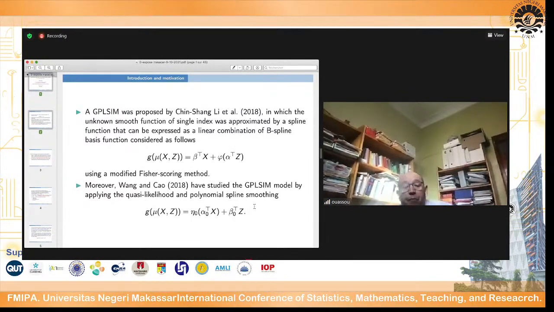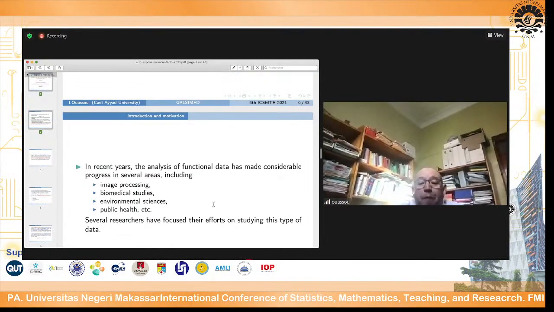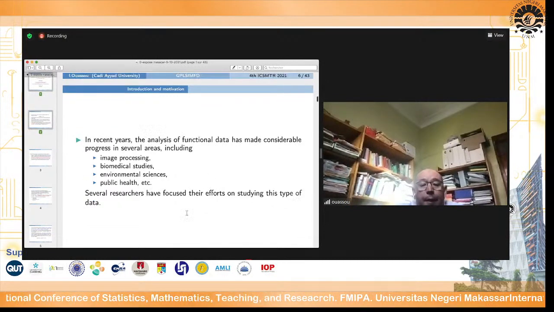In recent years, the analysis of functional data has made considerable progress in image processing, biomedical study, environmental science, etc. Several researchers have focused their efforts on studying this type of data.